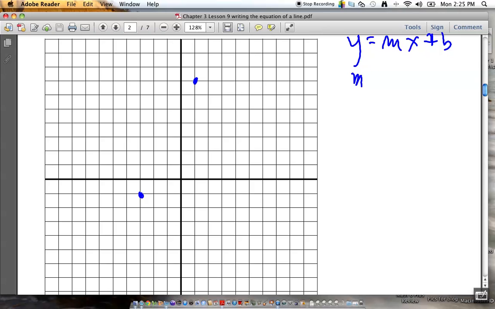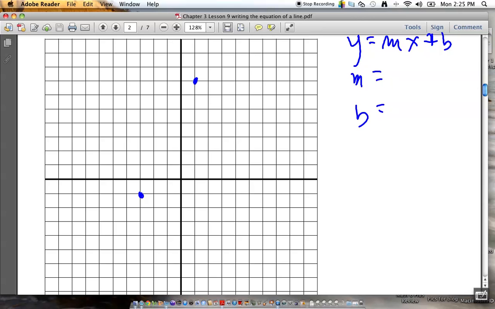I want to know what's the M and what's the B. So what's the slope? The slope is 10 over 2. Let's see.